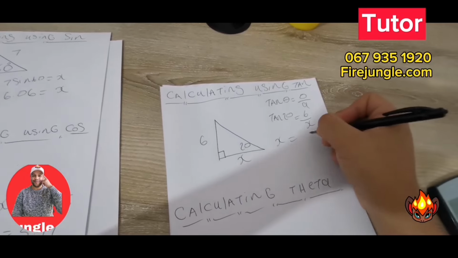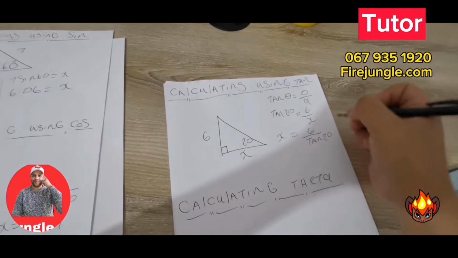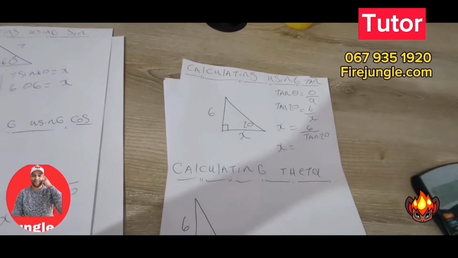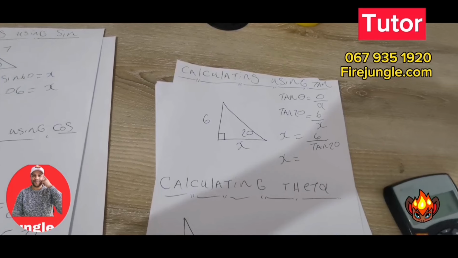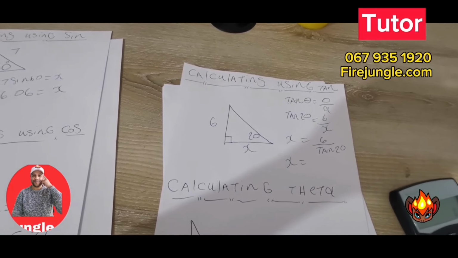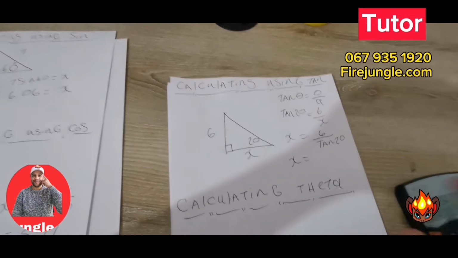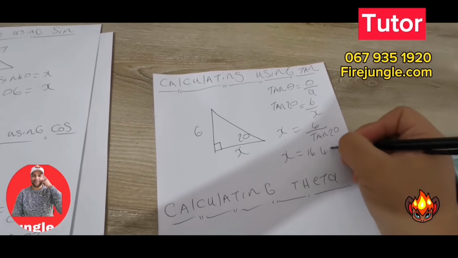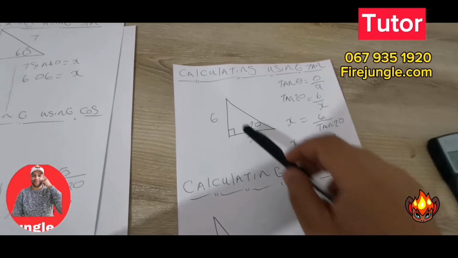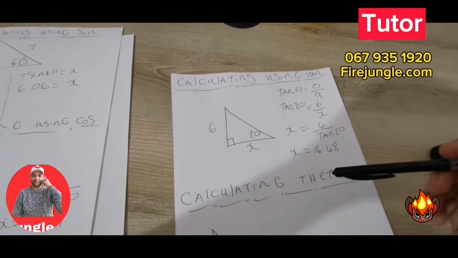So x is equal to 6 divided by tan 20. So x is equal to 16.48. So that is how we calculate each of the sides using sine, cos, and tan.